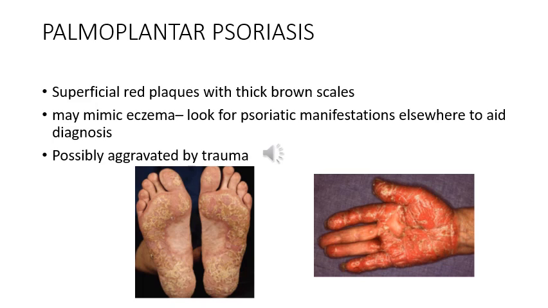So psoriasis has typical features of scaling, dry scales, which shred off on rubbing, and such manifestations have to be checked elsewhere in the body, which will help to differentiate between eczema and palmoplantar psoriasis, and usually it is aggravated by trauma.